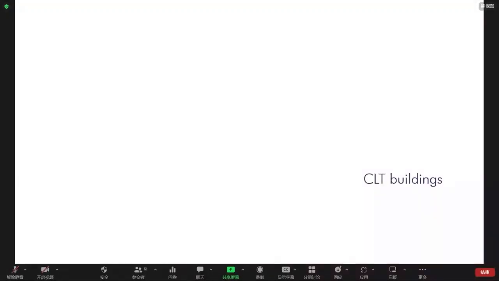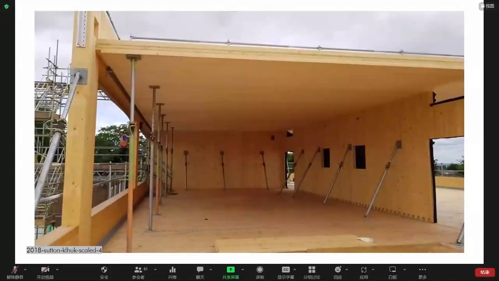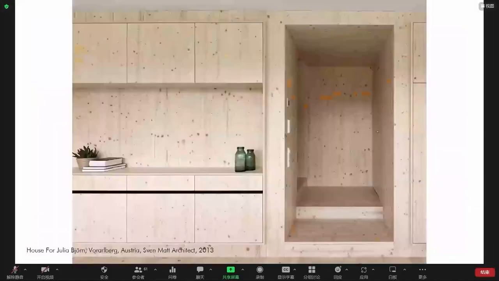So let's have a word on CLT buildings. CLT, as you know, are this kind of panel with crossed directions of timber, and it drives a very efficient system that could be used as shear walls made of concrete.